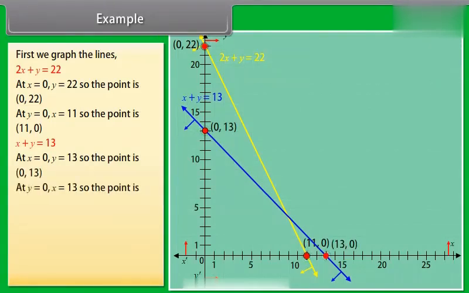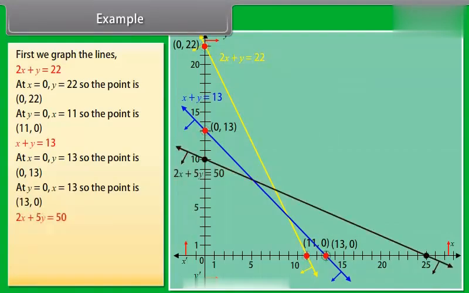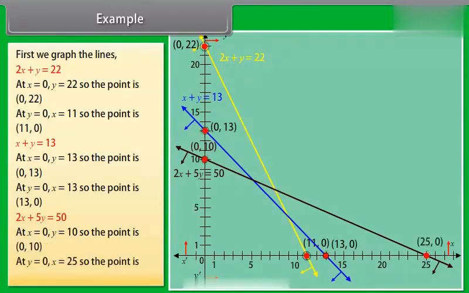At y is equal to 0, x is equal to 13, so the point is (13, 0). 2x plus 5y is equal to 50. At x is equal to 0, y is equal to 10, so the point is (0, 10). At y is equal to 0, x is equal to 25, so the point is (25, 0).